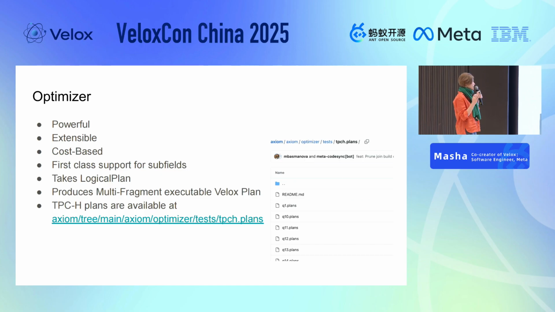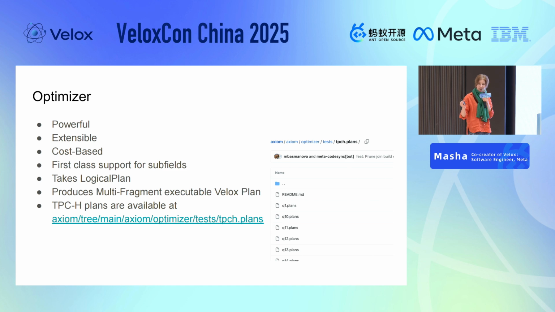We want to have first-class support for subfields, like keys in the map or fields in the struct, which is critical for optimizing queries used in AI data training, queries which run on very wide data sets with huge maps, very large arrays, large structs.